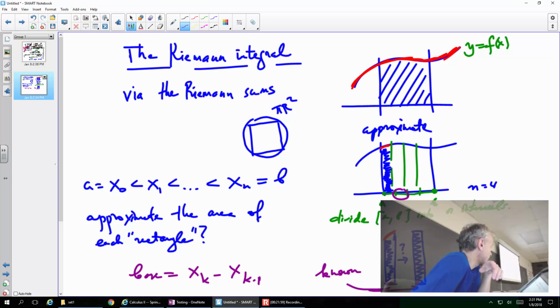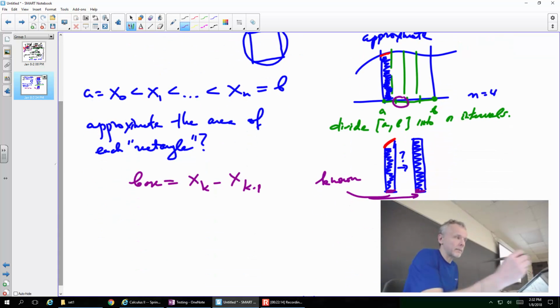Would you take the y value of the midpoint of the section being taken? Right, the midpoint, or what are their options? Left and right hand, or any other point is actually equally eligible to give us the height.